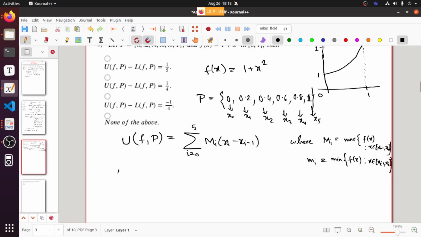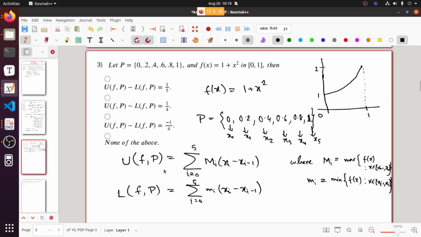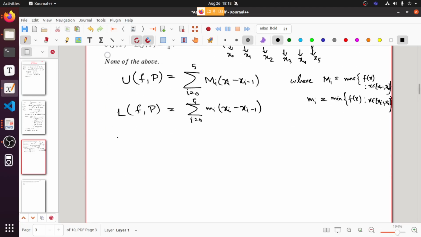The LFP is defined as the summation i equals 0 to 5 of small mi into xi minus xi minus 1. So this is the UFP and this is the LFP. We have to calculate UFP and LFP for this partition and this function. So just first calculate UFP.